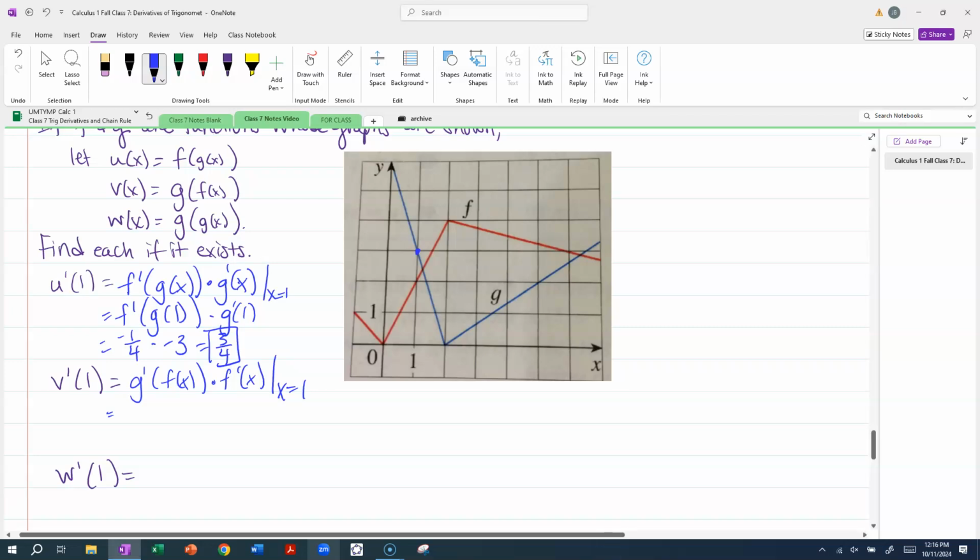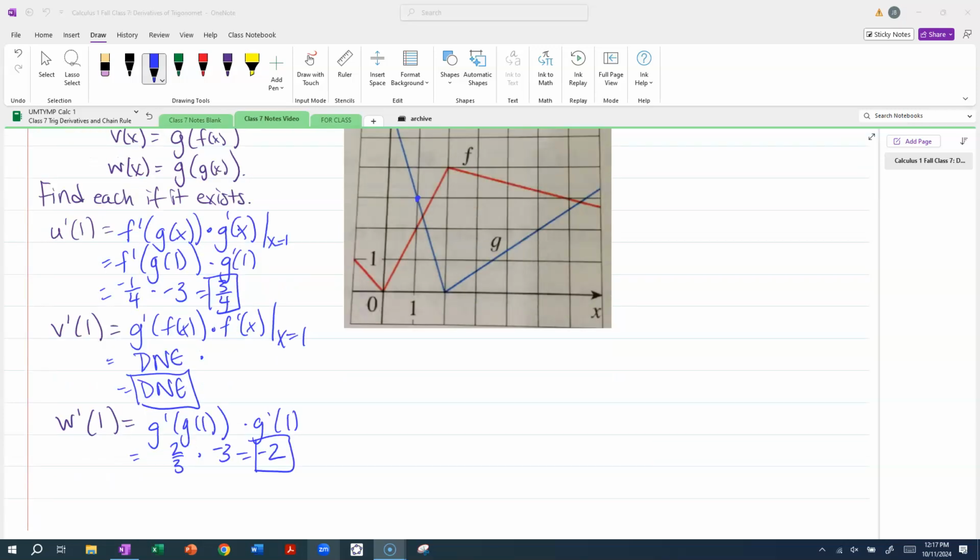Okay, 1, here we go, I'm at 2. And then g prime at 2 is here, and it's a sharp point. The derivative does not exist. I could go further, but I can just say overall that this does not exist. Remember, derivatives fail to exist at sharp points. W, try W on your own.